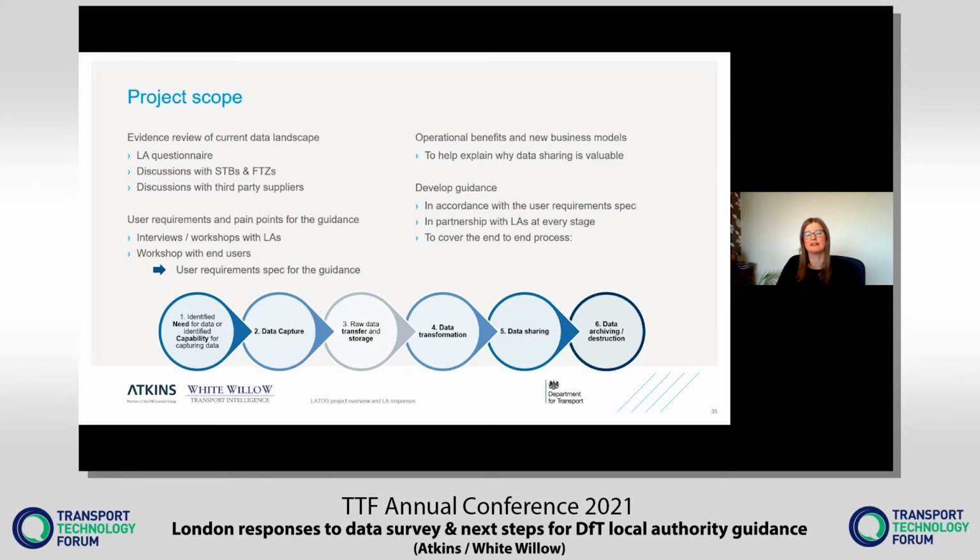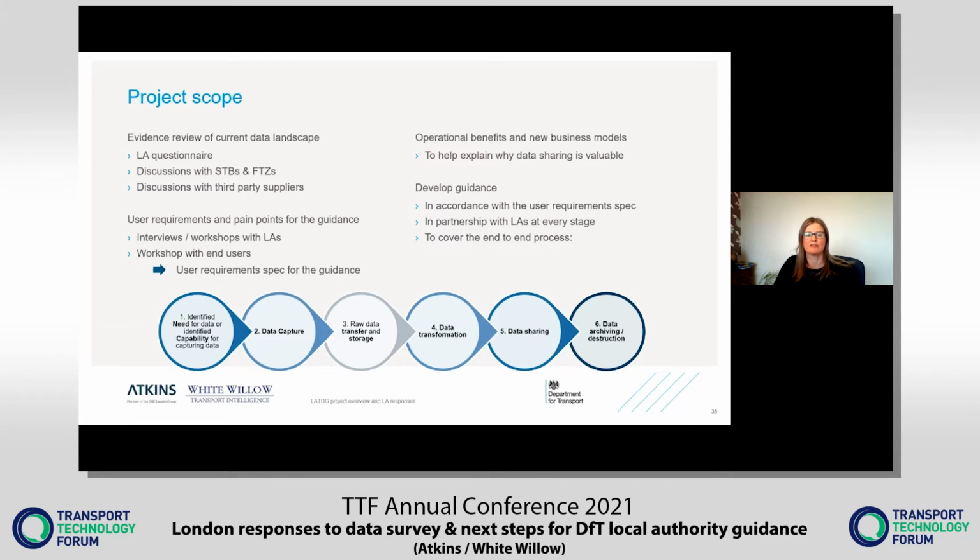In parallel with that, we're going to be reviewing potential operational benefits of sharing data and new business models for sharing data. Again, this comes back to helping understand why it's useful for people to share their data. The guidance can provide some information about benefits and business models. The final stage will be taking all of that knowledge and turning it into guidance, which we will do in accordance with the requirements spec and in partnership with local authorities at every stage.